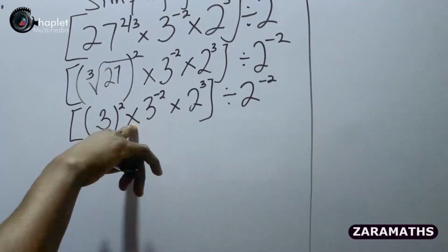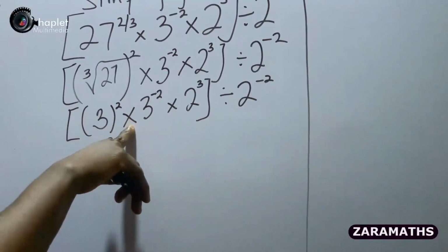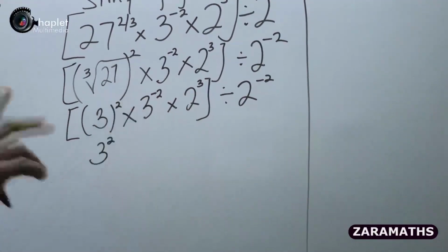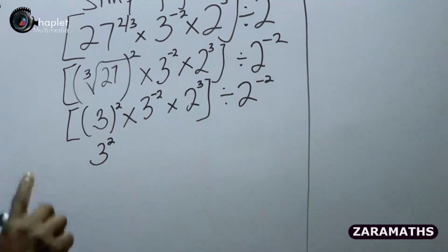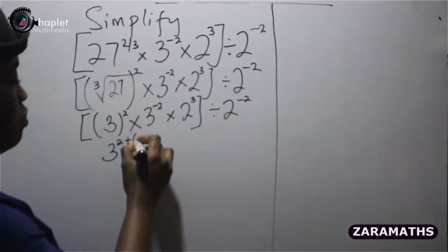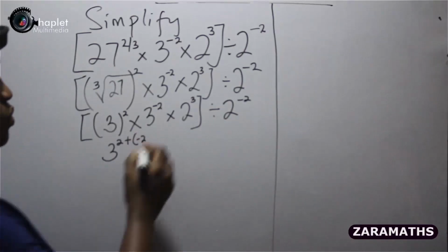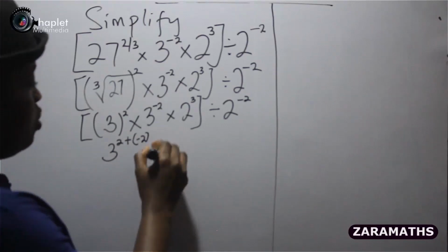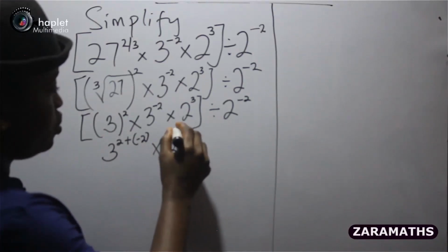Remember, we are applying the multiplication law. 3 raised to the power of 2 and 3 raised to the power minus 2 both have the same base. So here, 2 plus minus 2. We have applied multiplication here, multiplied by 2 raised to the power of 3.